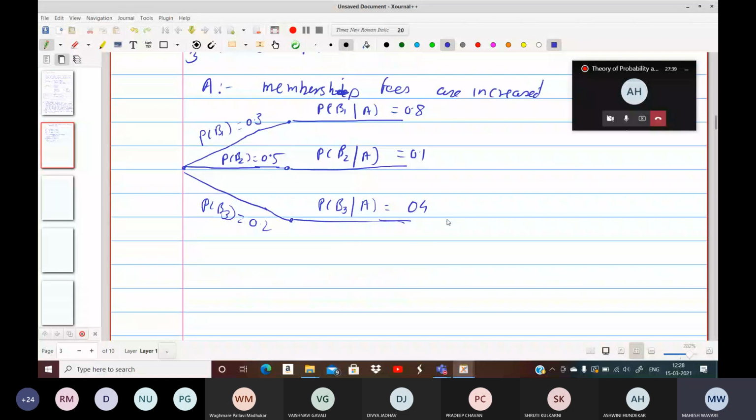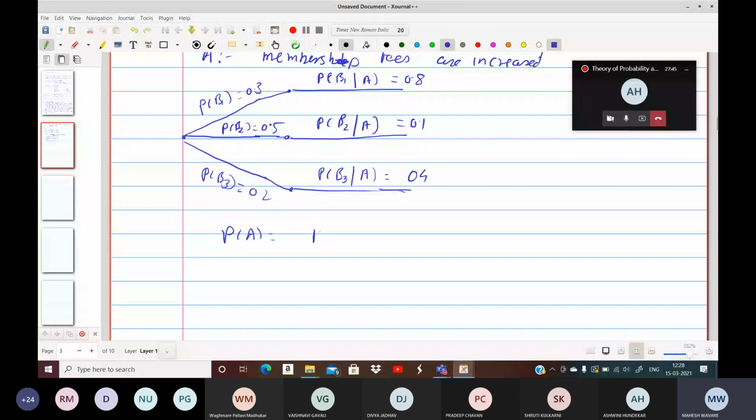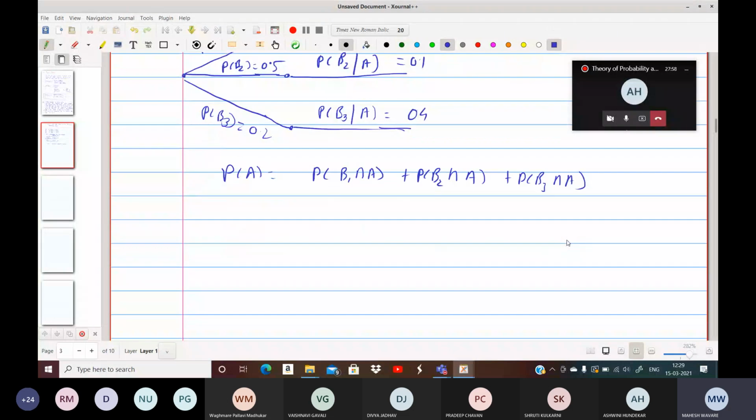Now we want to find the probability of A. How can one find the probability of A? It is the probability of B1 intersection A plus probability of B2 intersection A plus probability of B3 intersection A, by the rule of total probability.